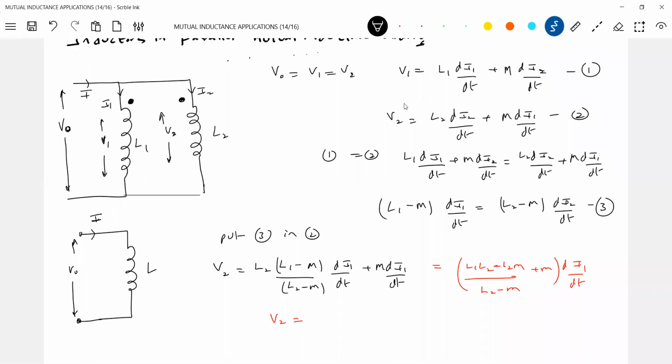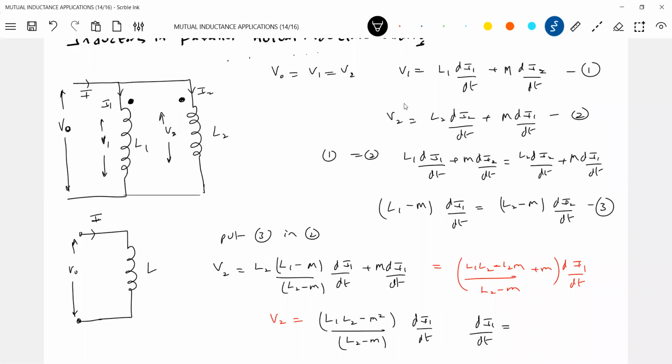So let me write directly one equation looking at that. M square by di1 by dt. So this is the value of L1 L2 minus M square by L2 minus M di1 by dt. So what is di1 by dt?